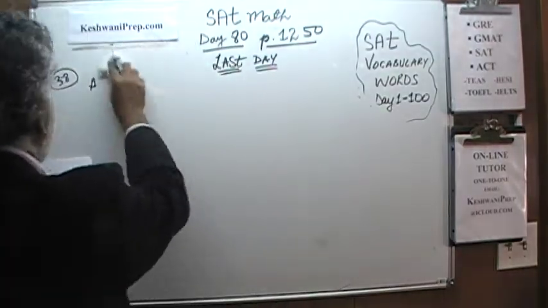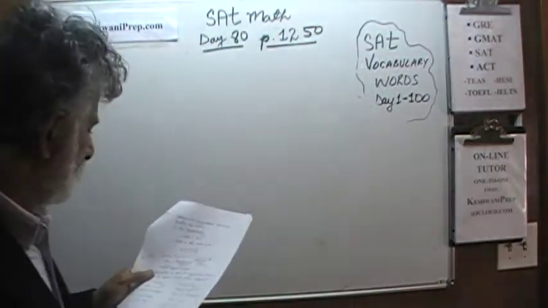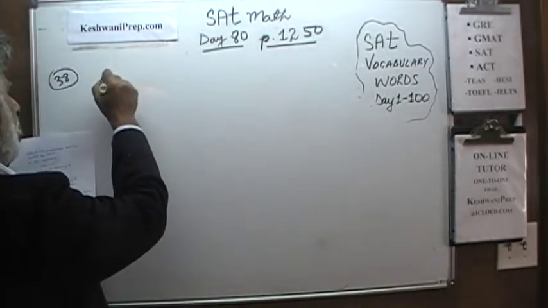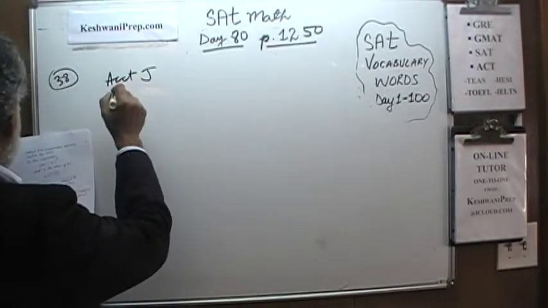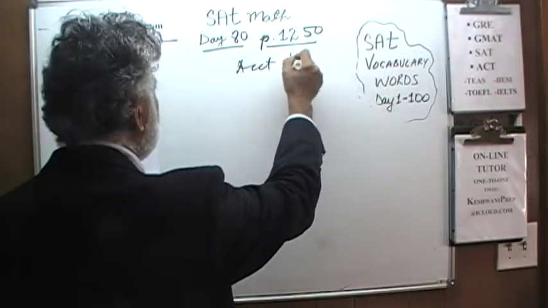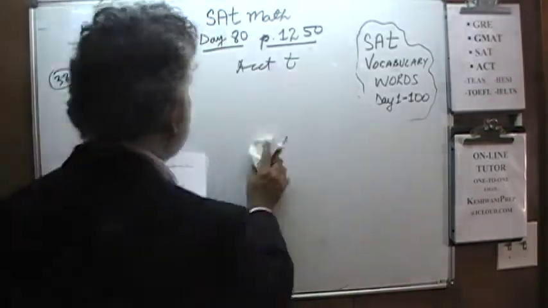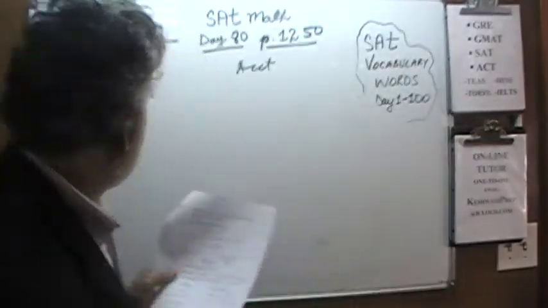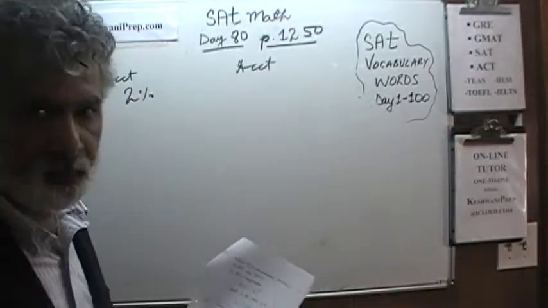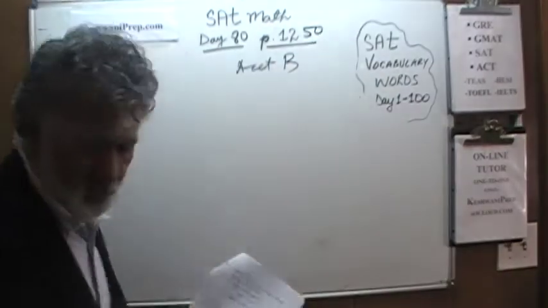And then we have account T. I shouldn't use T because T is not for time. I'm just going to call them A and B. Account A and account B.